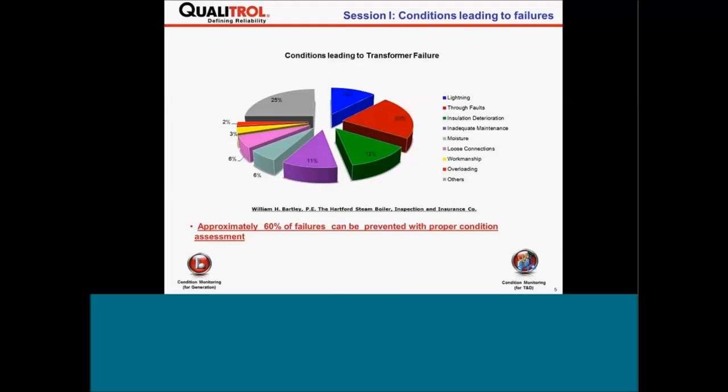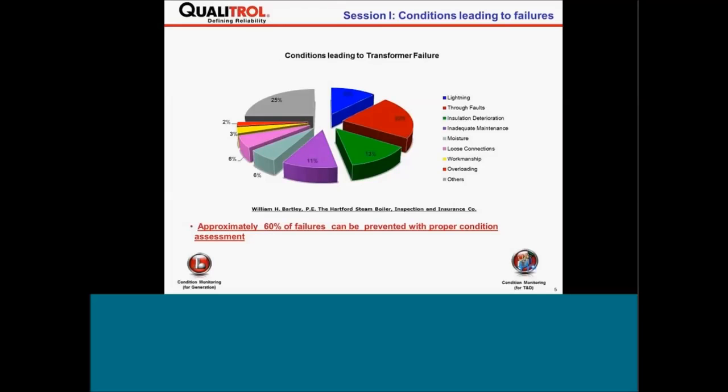These can lead to effects like partial discharge, and if we detect that, then we can detect there is a fault condition growing inside the transformer. Approximately 60% of failures can be prevented from proper condition asset management and monitoring.